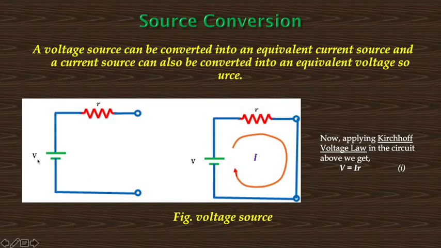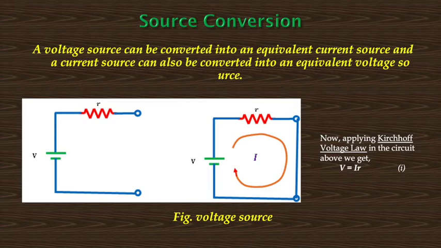A given voltage source with a series resistance can be converted into or replaced by an equivalent current source with a parallel resistance. Conversely, a current source with a parallel resistance can be converted into a voltage source with a series resistance.